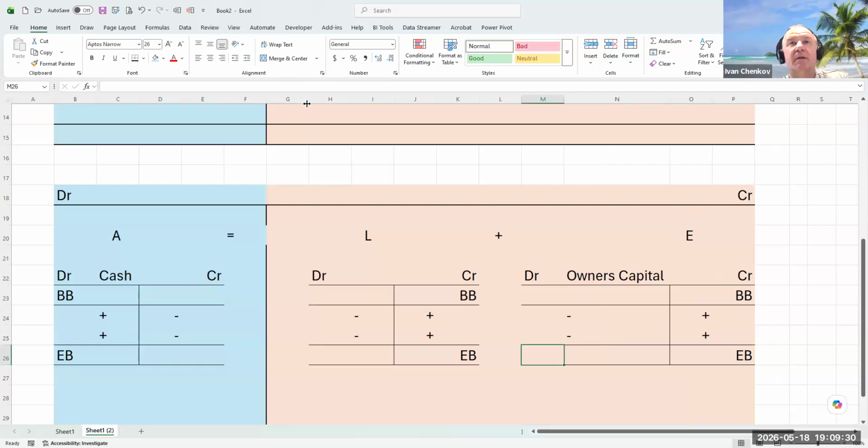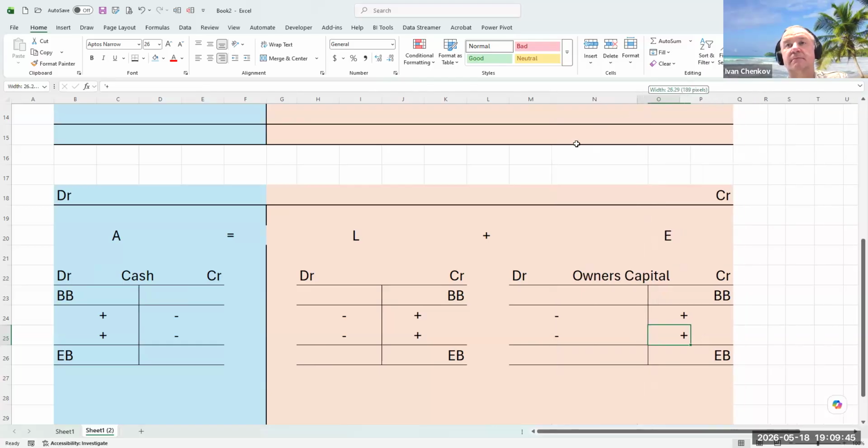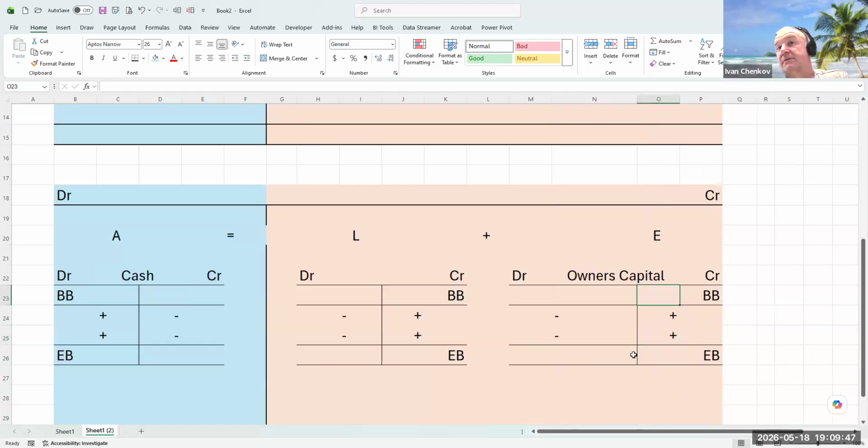So what's happening in our case? In the very beginning, when we open the company, there is no cash. We already know about it. There is no cash, and there is no capital for the owner. So the cash is zero. Owner's capital is zero.